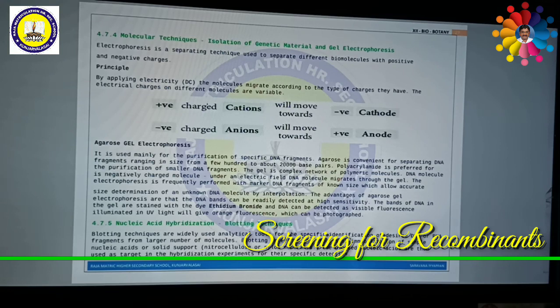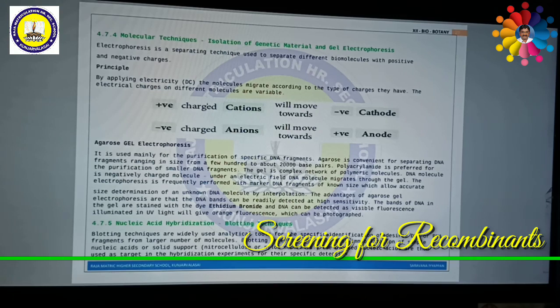That means if we run known DNA fragments, we can also understand the size of an unknown DNA molecule by interpolation. The advantage of agarose gel electrophoresis is that we can take photographs, because we can stain with a very important chemical called ethidium bromide.